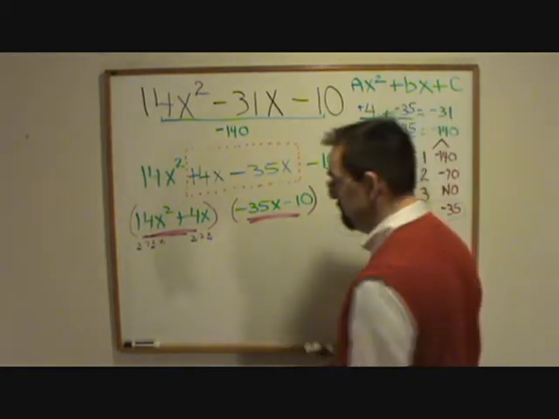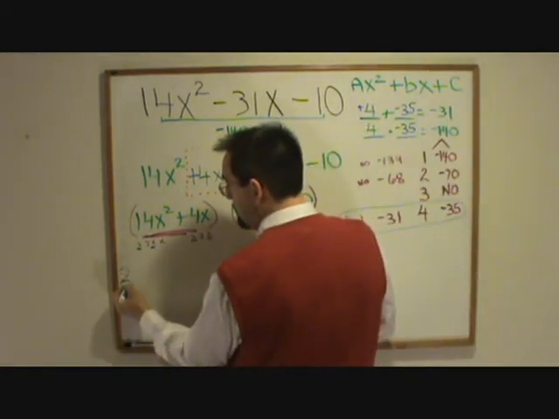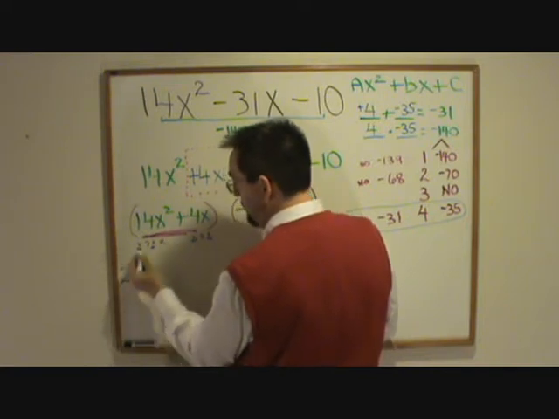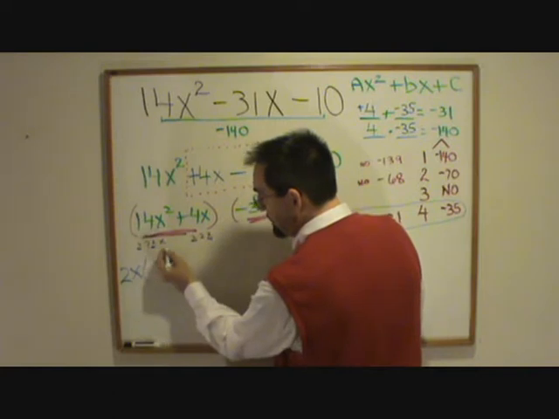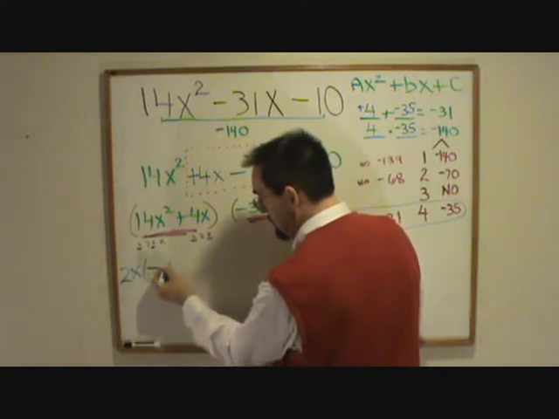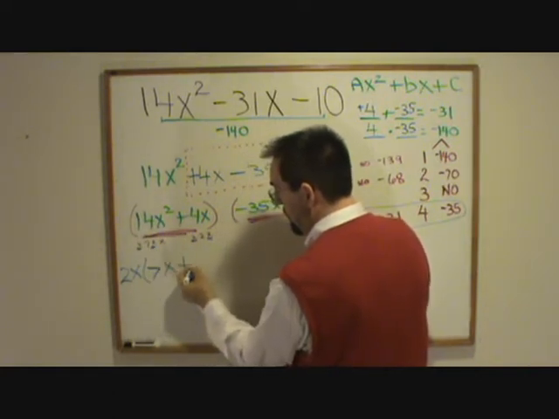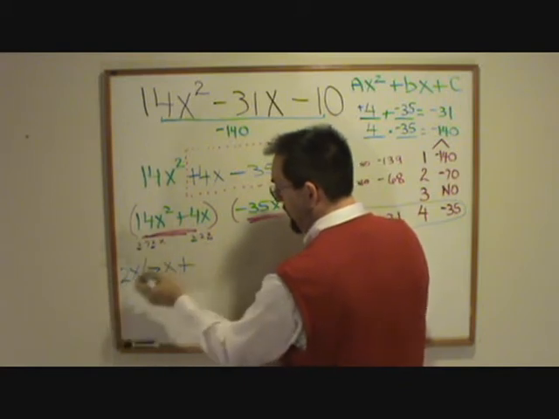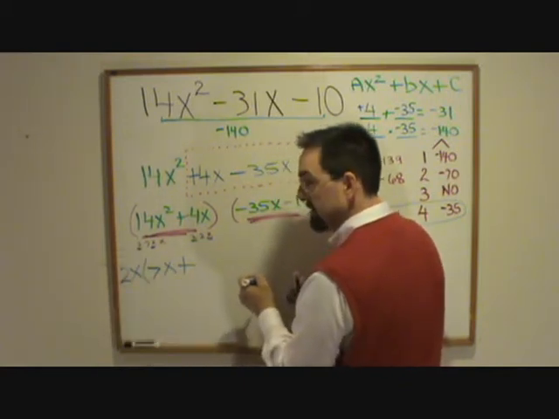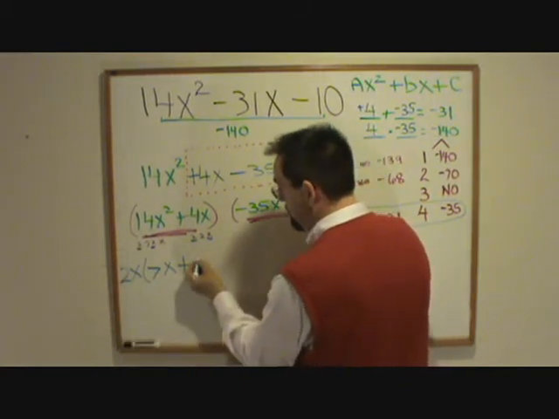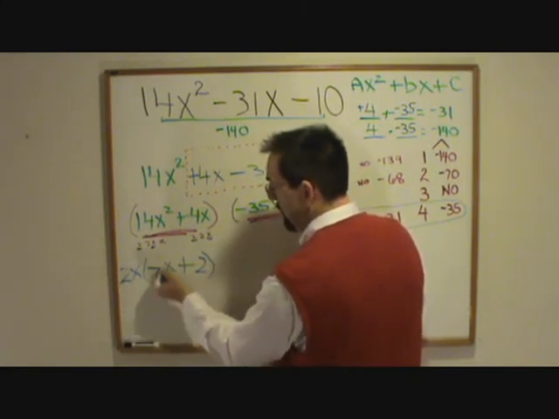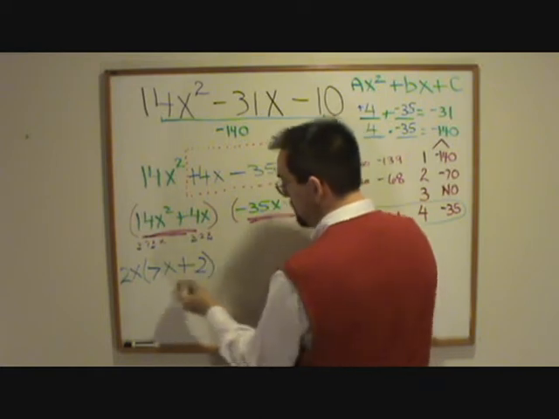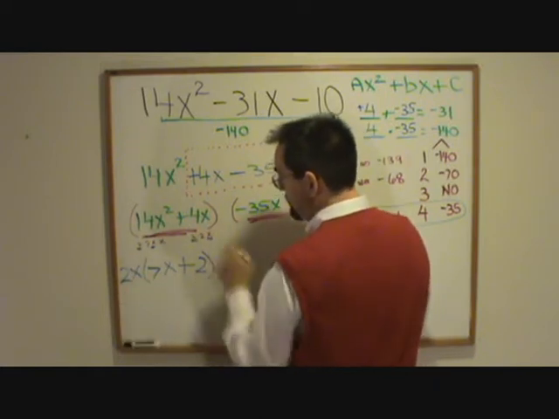Let's pull them out: 2x. I pulled out the 2x. What does that leave? The 7 and the x, with a plus sign. I pulled out the 2, I pulled out the x. What's left? Good, 2. So 2x times 7x is 14x squared. Yes. 2x times 2 is 4x.